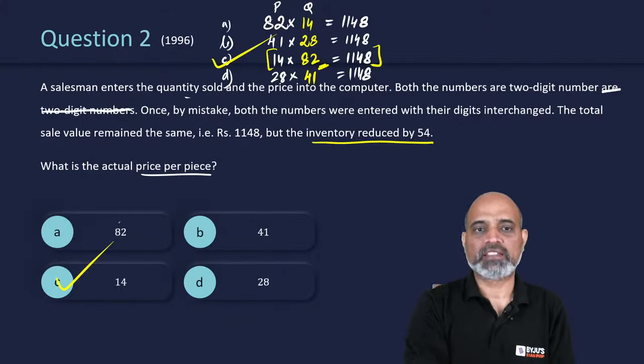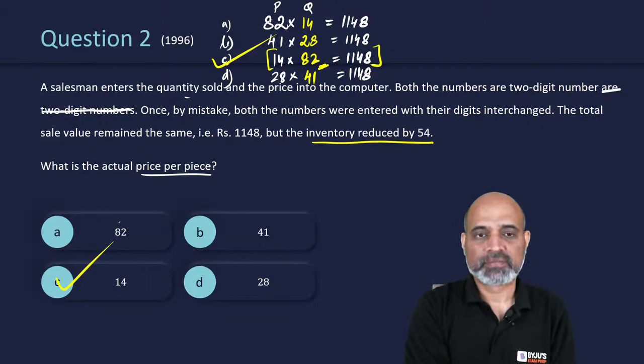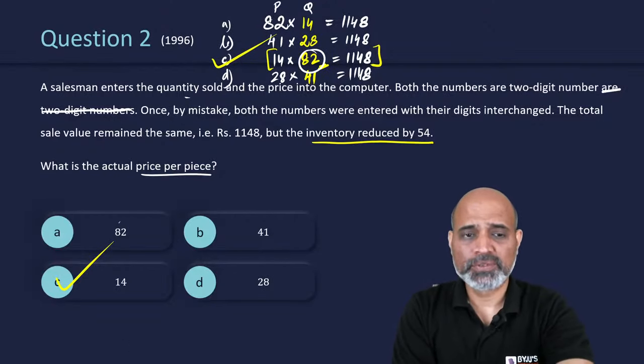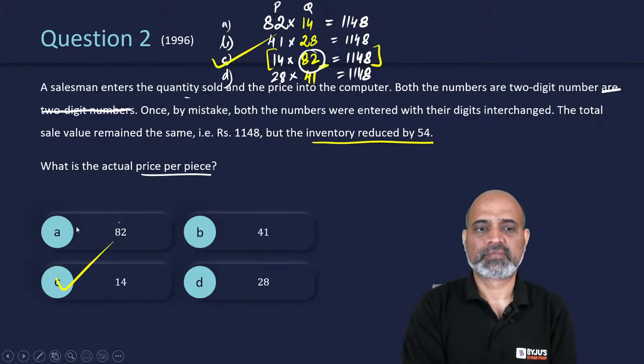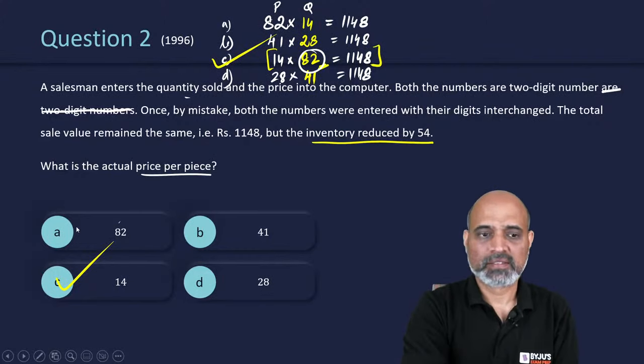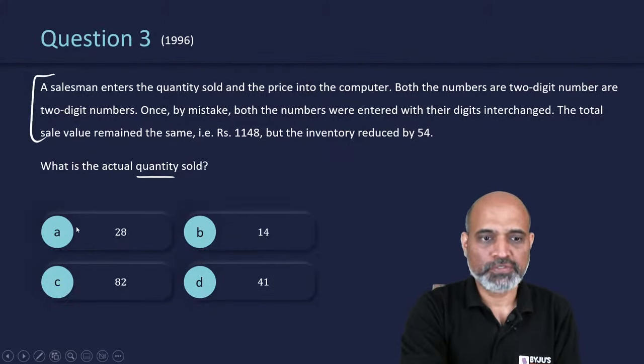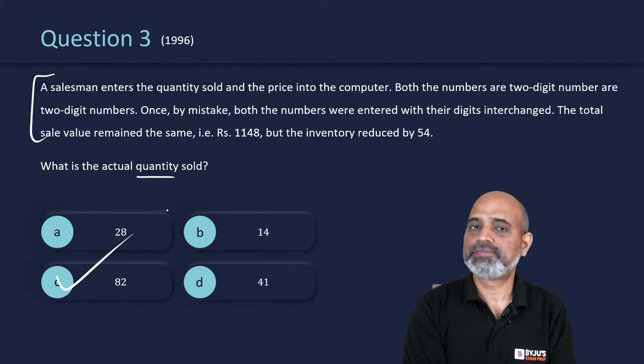So if we go back to this, it will become 82. Actual quantity sold, the answer will now be 82.